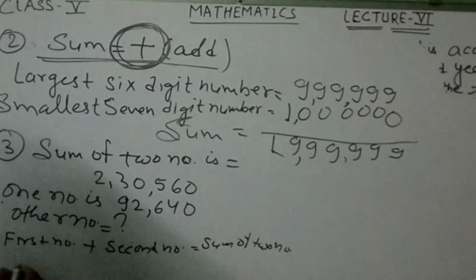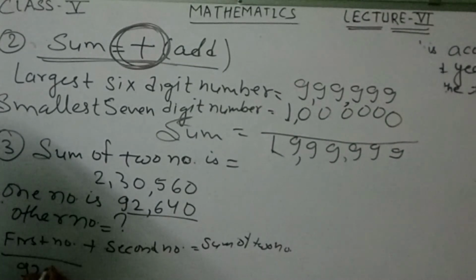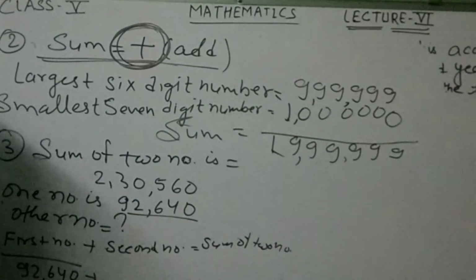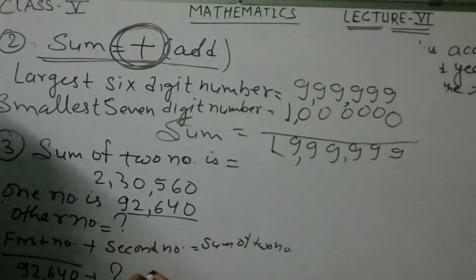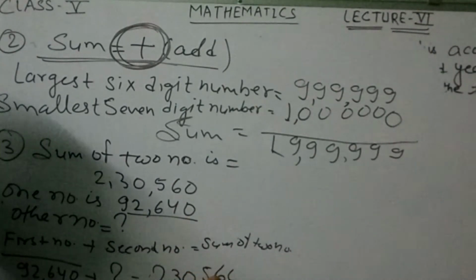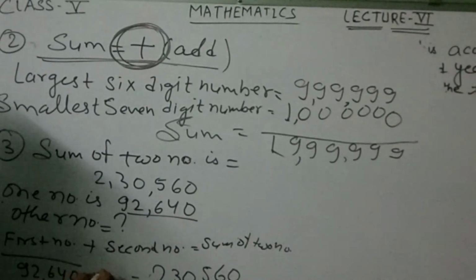Okay. Then the first number you know. What is the first number? 92,640. And what is the second number? You don't know. And what is the total sum? Total sum is given here, 2,30,560.